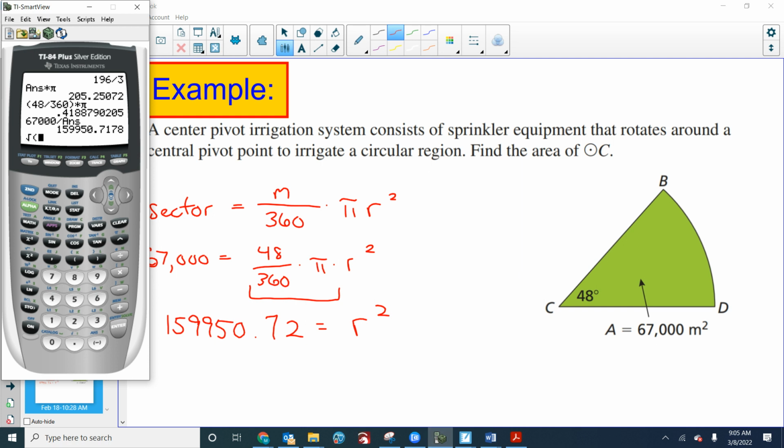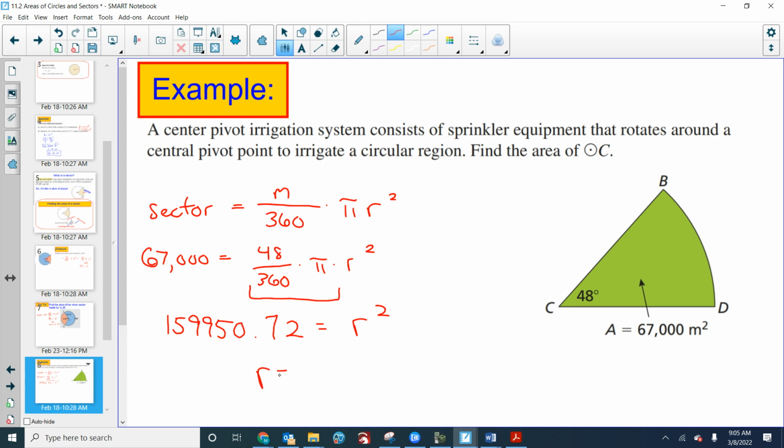Square root that answer, and I get 399.94. 399.94 what? Meters. That was just to find the radius of the circle. So this radius is 399.94 meters.